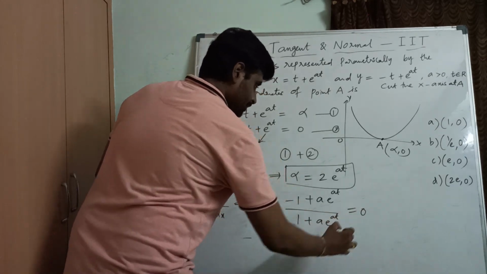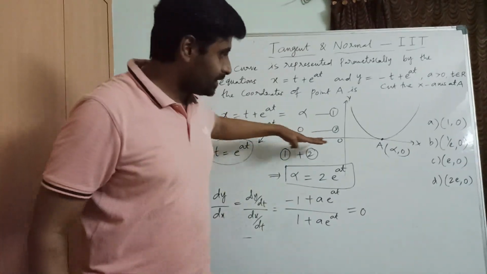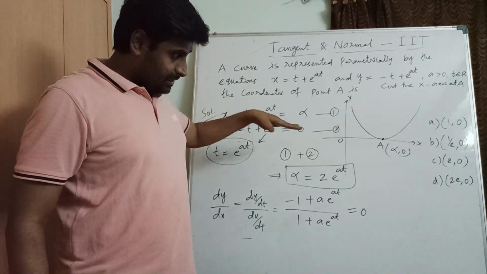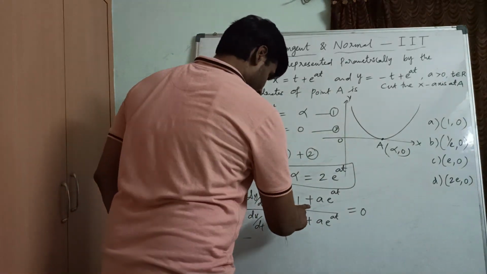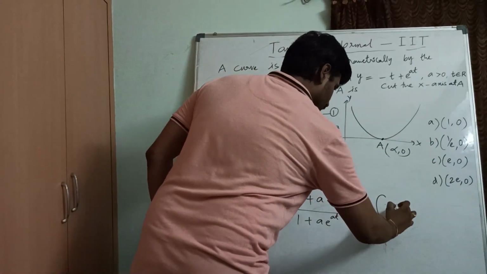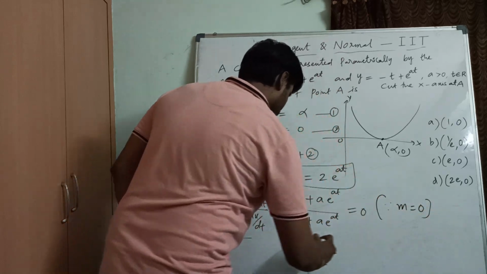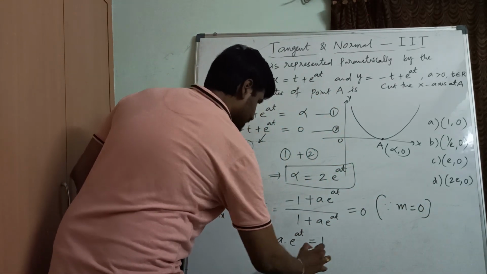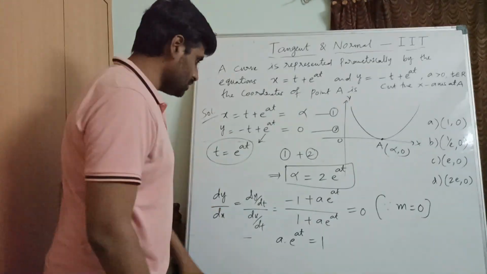Now the derivative of the first curve is 1 plus a into e power at. The tangent for this curve is the x-axis, so whenever the tangent is the x-axis, the slope is 0. If I equate this to 0, what will you get? a into e power at equals 1.